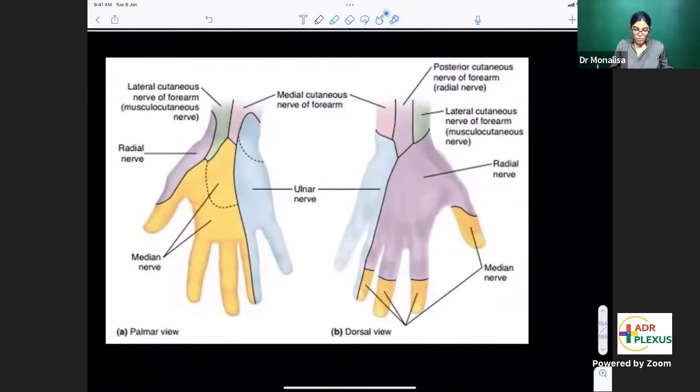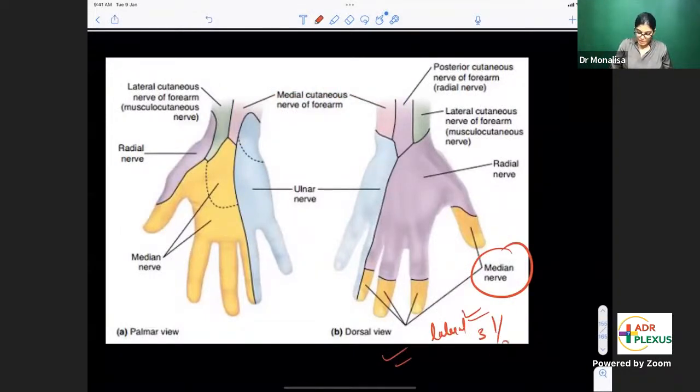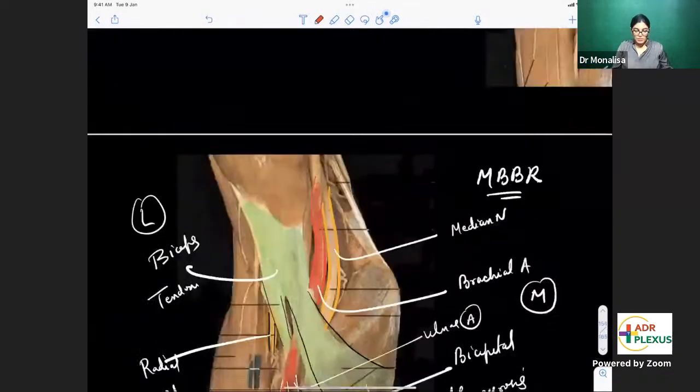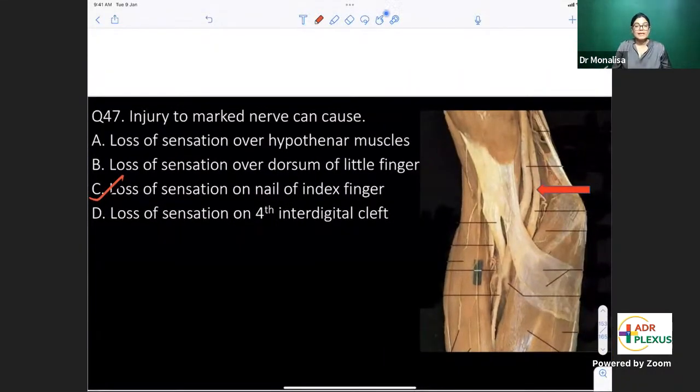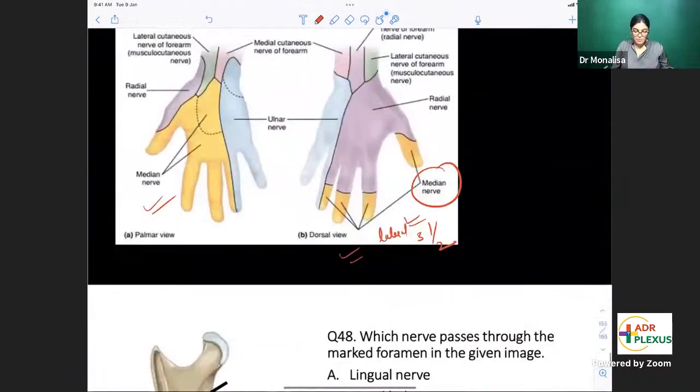And we know that median nerve gives innervation to the dorsal lateral 3.5 digits' nail beds and also the lateral part of the palm and lateral 3.5 fingers on the palm. So for question number 47, we have loss of sensation on the nail of index finger. So I think this is clear from this.